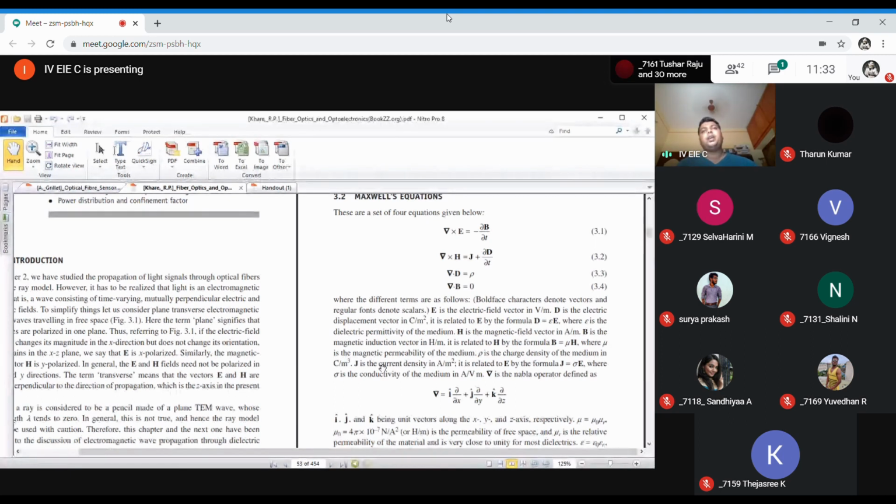So a light can be considered with respect to, we can deal with respect to ray optics, we can deal with respect to an electromagnetic wave propagation theory. Okay, we can consider both. Okay, both should be considered. Clear?